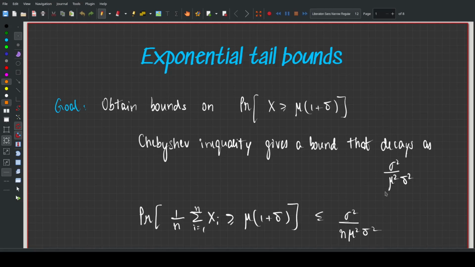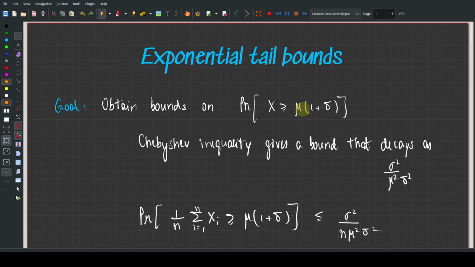So recall that we started out with deriving tail bounds for random variables. Essentially, we want bounds of the form probability that x is greater than or equal to mu times 1 plus delta, right? In the beginning, I proved Markov's inequality, which was valid for non-negative random variables.